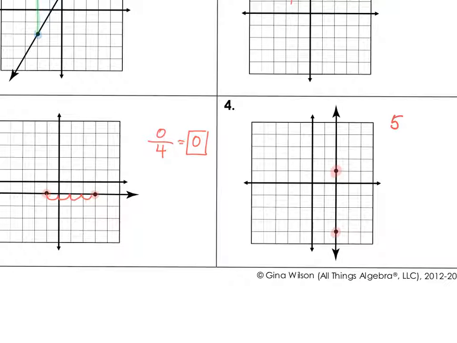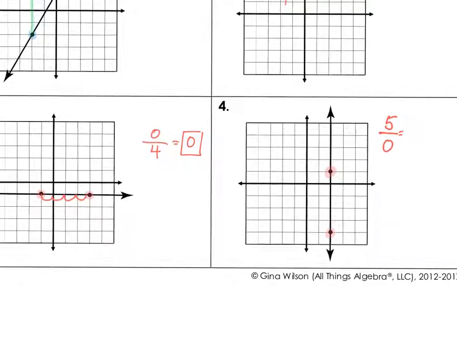Let's call it +5. You can call it -5 if you'd like. But you're not running any amount. It was all rise and no run. And anything divided by 0 is undefined.